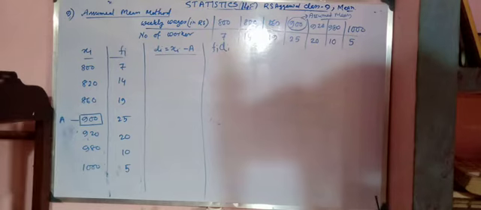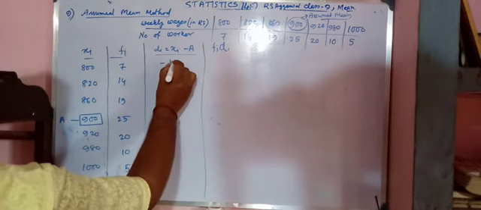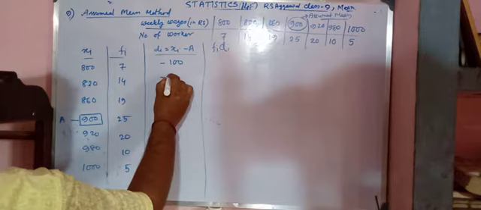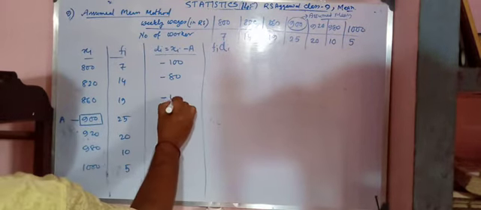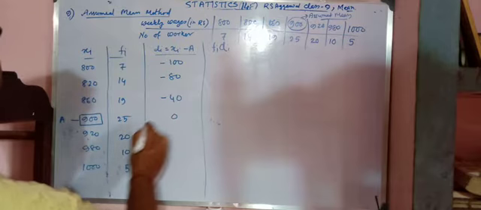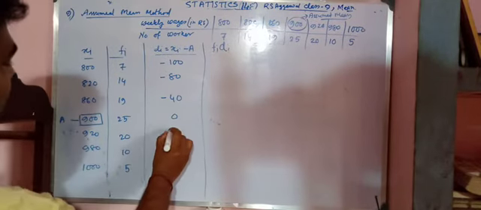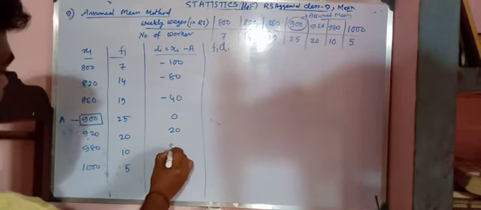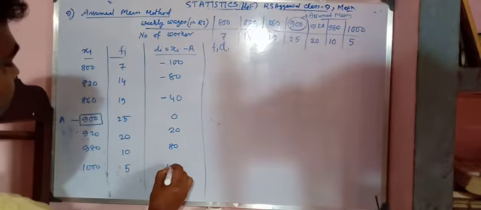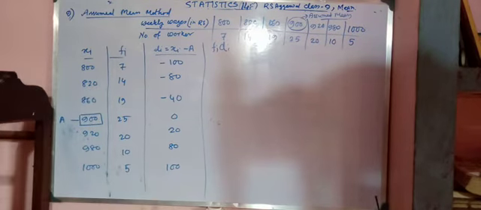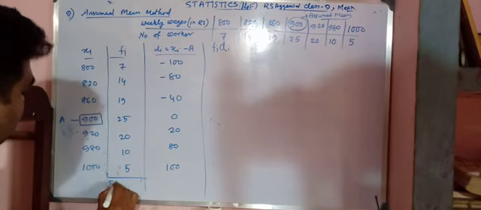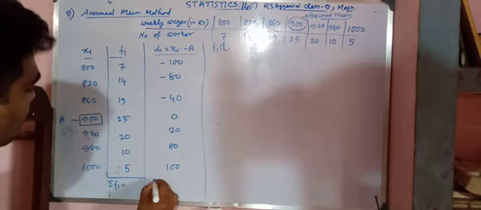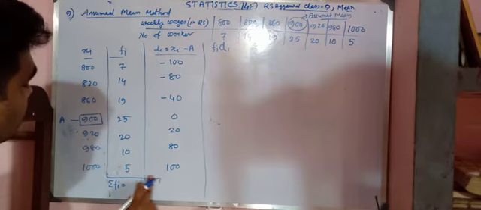So di is equal to xi minus a: minus 100, minus 80, minus 40, 0, 20, 80 and 100. Now we have to find summation of fi.